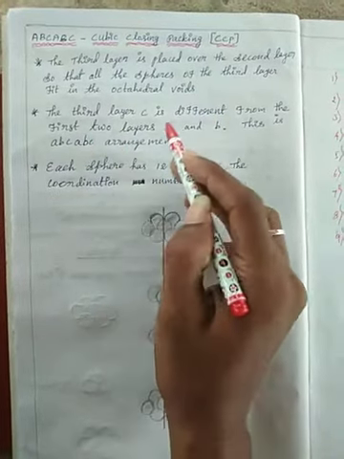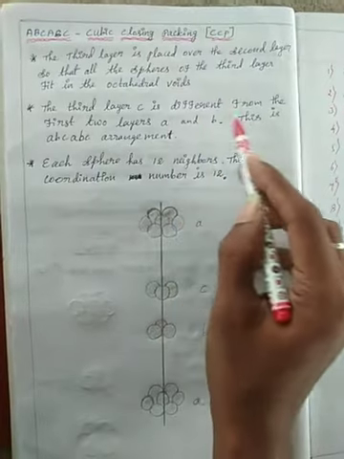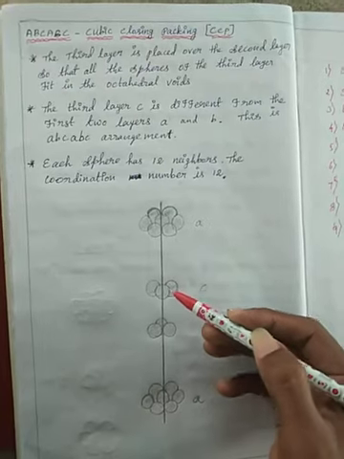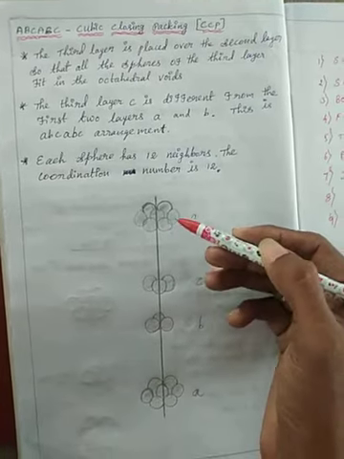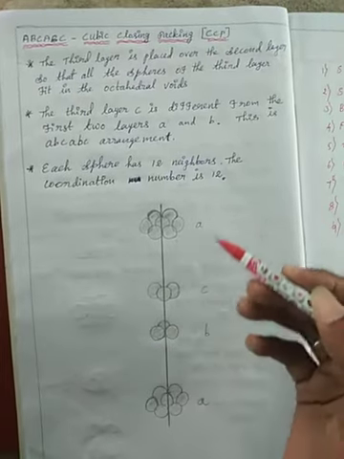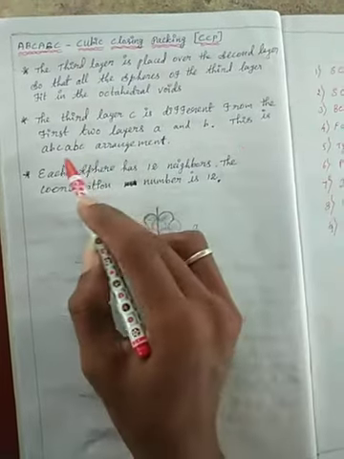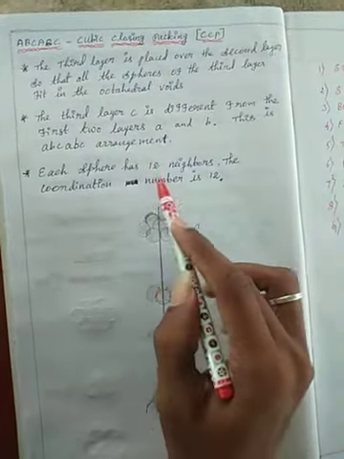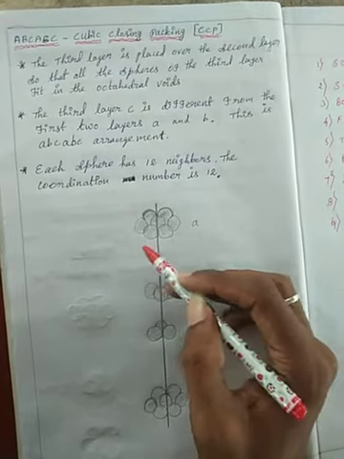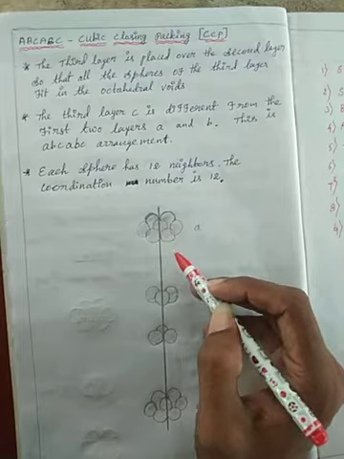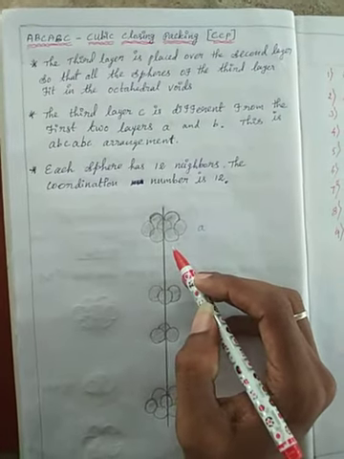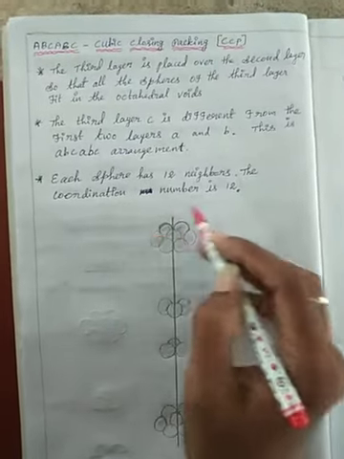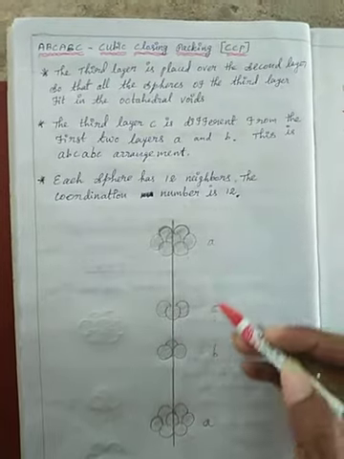The third layer C is different from the first two layers A and B. This is known as the ABC arrangement, cubic close packing. Each sphere has 12 neighbors. The coordination number was discussed in the coordination compounds lesson, so directly the answer: the coordination number is 12. Thank you to all.